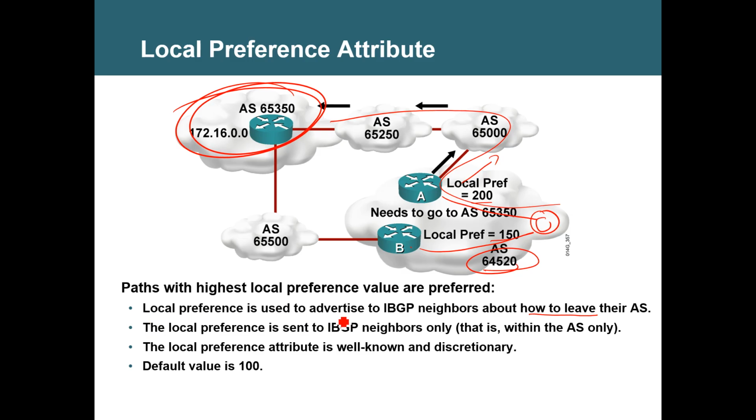Local preference is used to advertise to IBGP neighbor about how to leave their autonomous system. And this local preference is sent only to IBGP neighbor. It is only advertised within autonomous system.